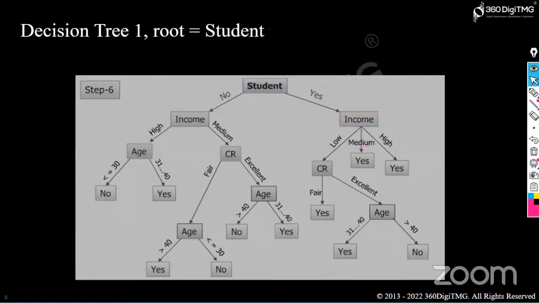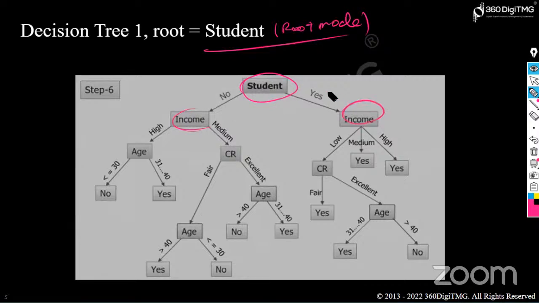So when I consider all these parameters, without any calculations, I've taken student as a root node. So when I consider student as a root node, I'll be having yes or no. And when you have yes or no, you'll be having income. And I've chosen income for the second one. And then you have age and credit rating, age and credit rating. As we move on, you'll land up with the leaf node.